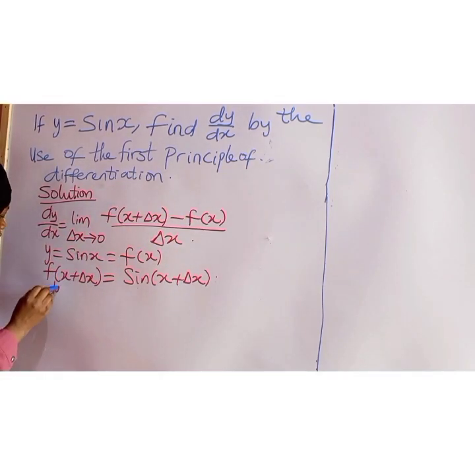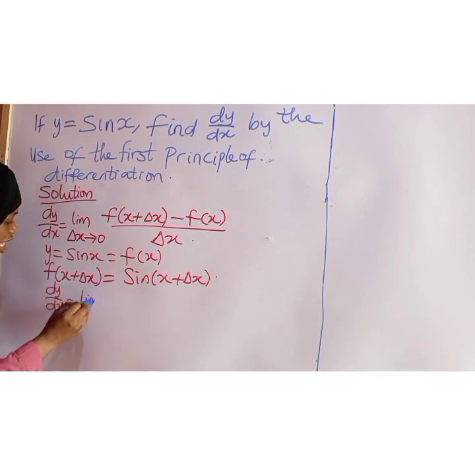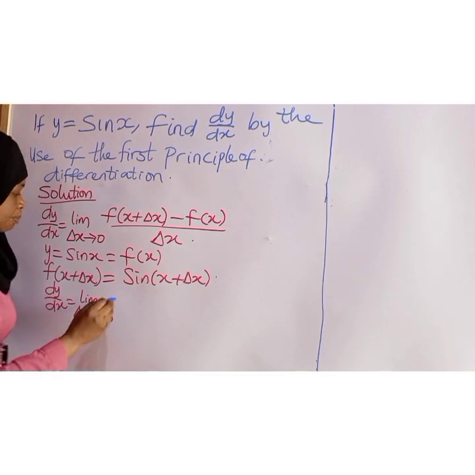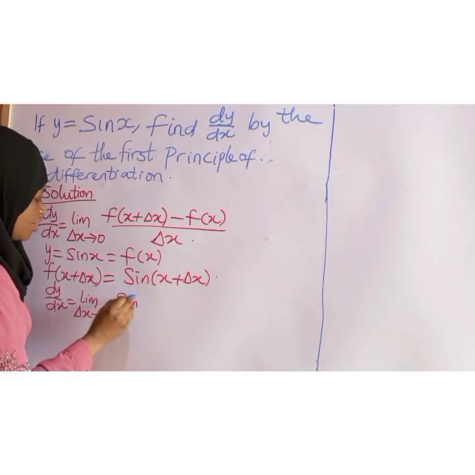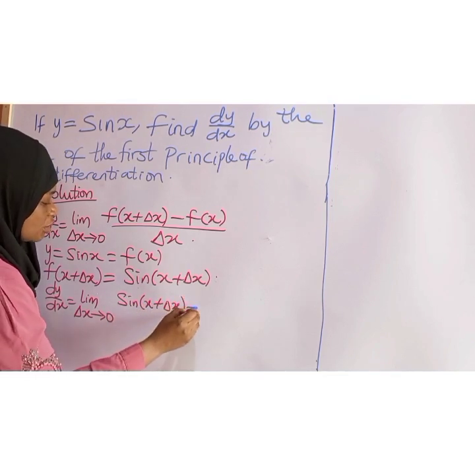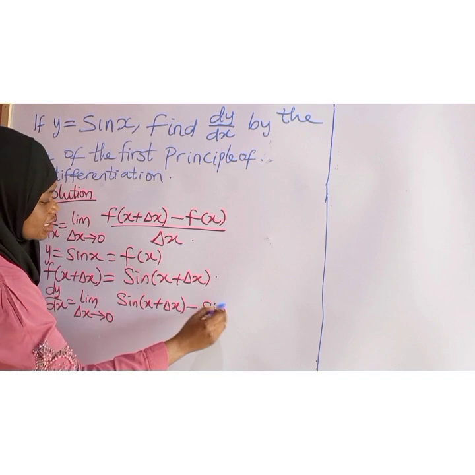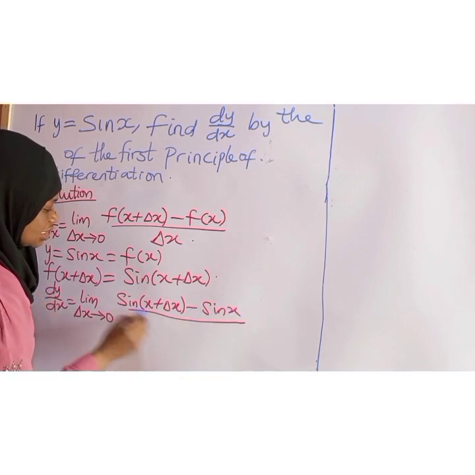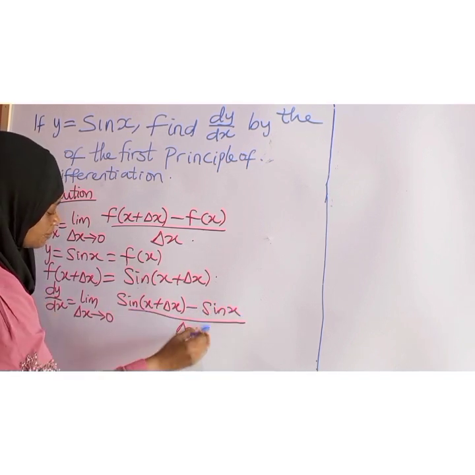So we have dy/dx will be the limit as change in x tends to 0, then sine of x plus change in x minus sine x, everything divided by change in x.